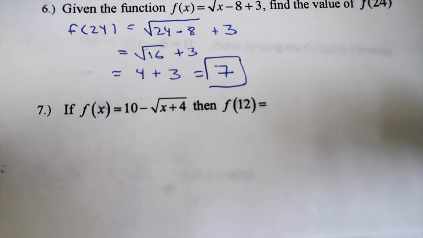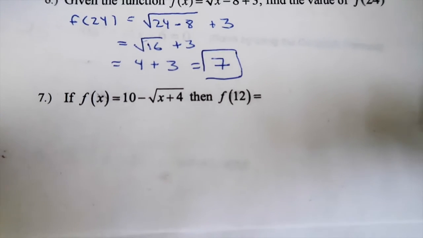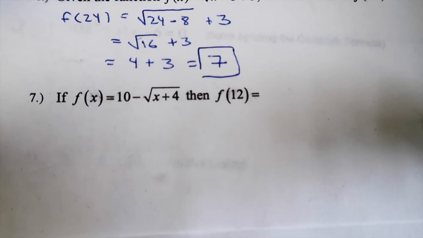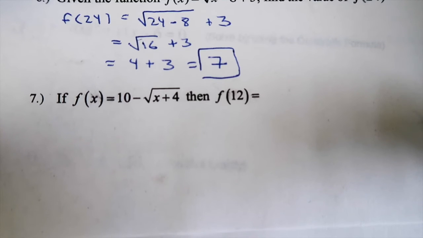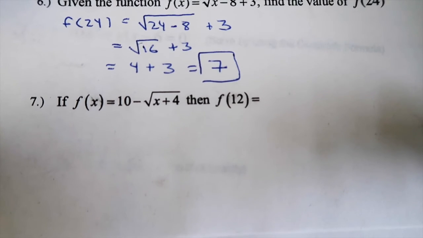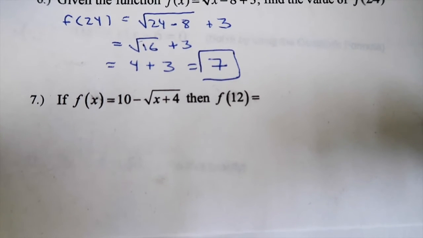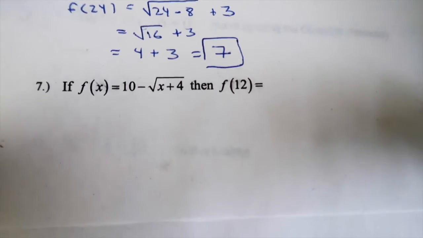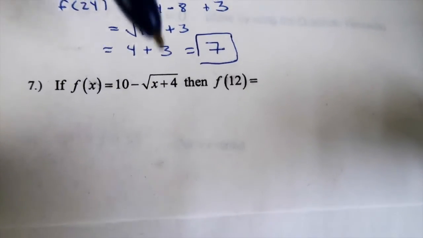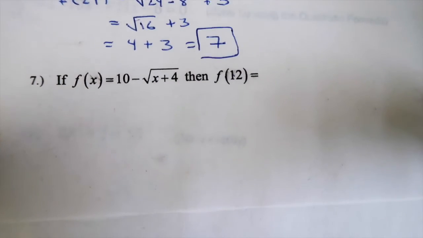Let's look at 7. If f of x equals 10 minus square root of x plus 4, then f of 12 equals, so again, we want to evaluate when x equals 12.